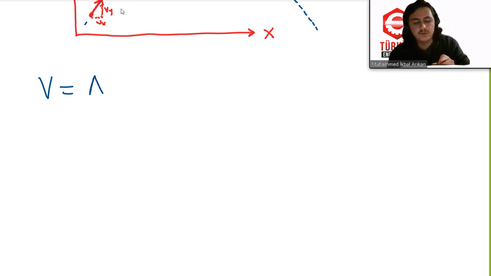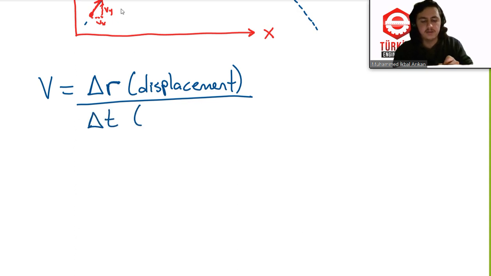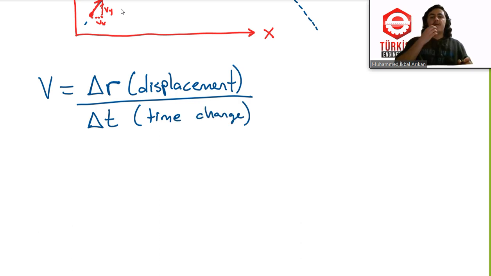So that will be equal to our displacement, delta r, displacement per unit time. Okay, this is the change in time. So you have a displacement of 5 meters and you made this displacement in 5 seconds.